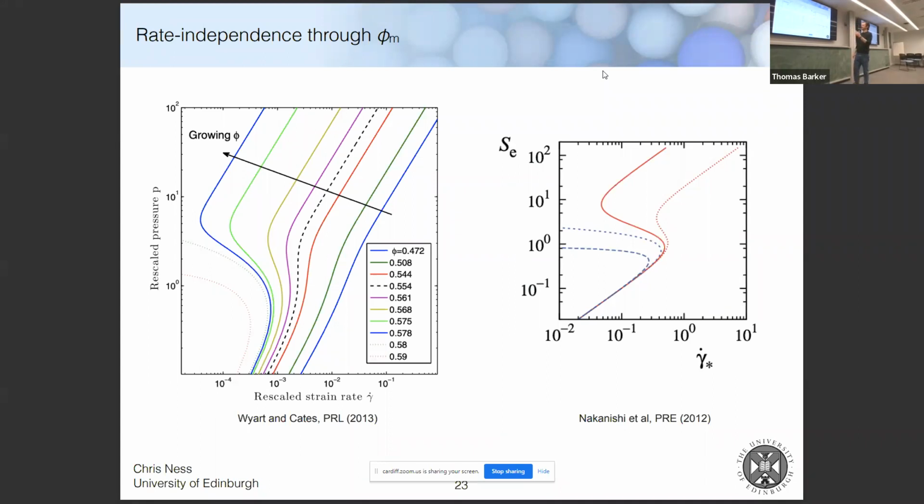The flow curve has this S-shaped behavior, but actually, if you look hard enough in the literature, you can find a paper from a year earlier which incorporates most of the same ideas. So this is the type of rheology you get if you have a model where the maximum packing fraction phi m decreases as a function of the stress, and you can really get some quite complex behaviors.